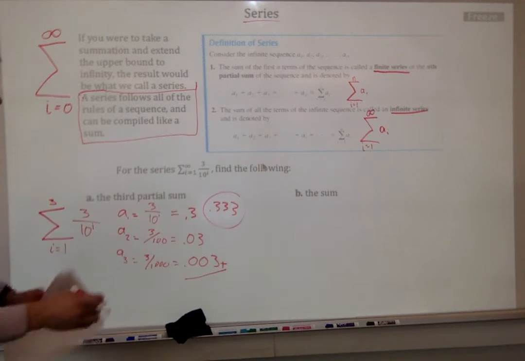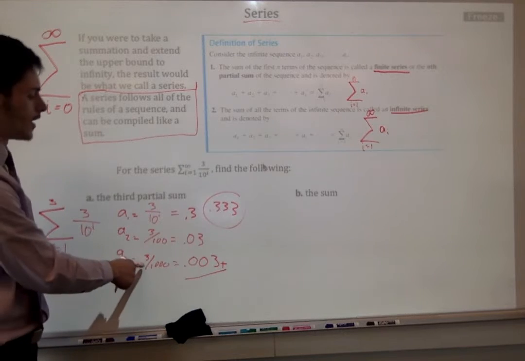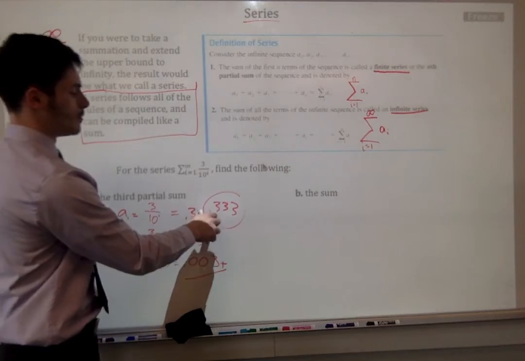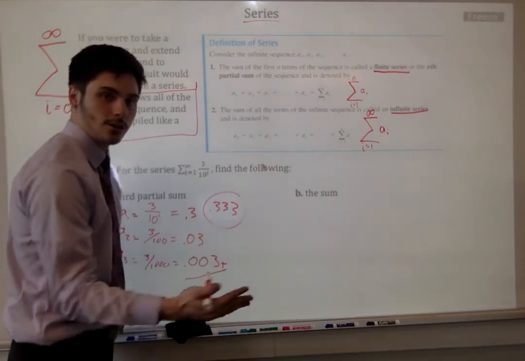But now let's notice, if we were to continue this pattern, and we were to continue finding A4, A5, A6, A7, we would keep going and going and going, adding 3's, right?